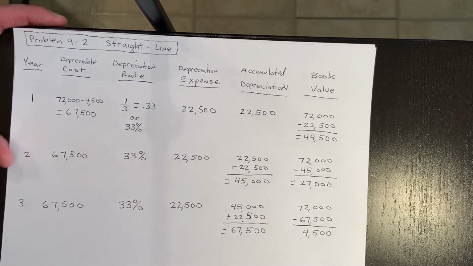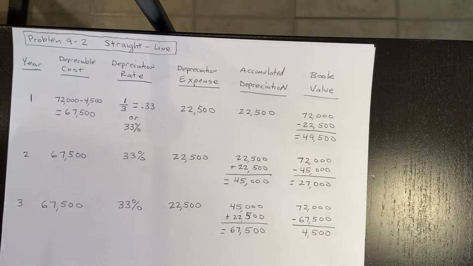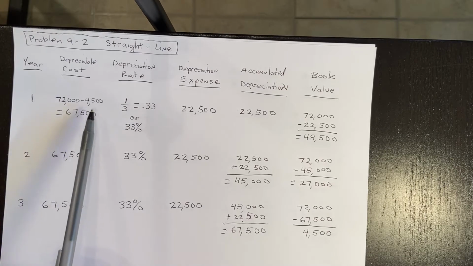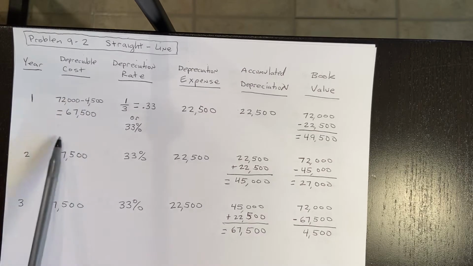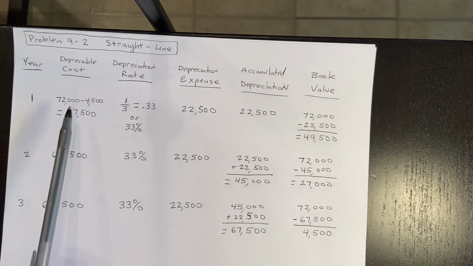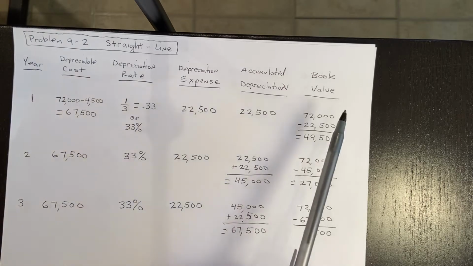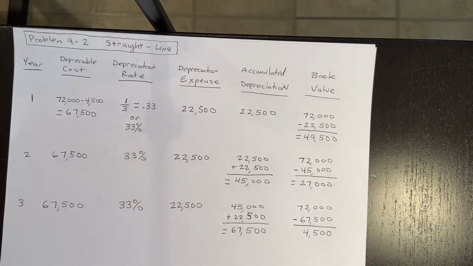Here you can see all the calculations. The 72,000 was the cost. This time, unlike the other problem, I took off the 4,500. That's what we call residual value, which comes out to 67,500, and I just copied that down. All these headings are the same as in the other one. This is what we call a depreciation schedule, and companies do use this.